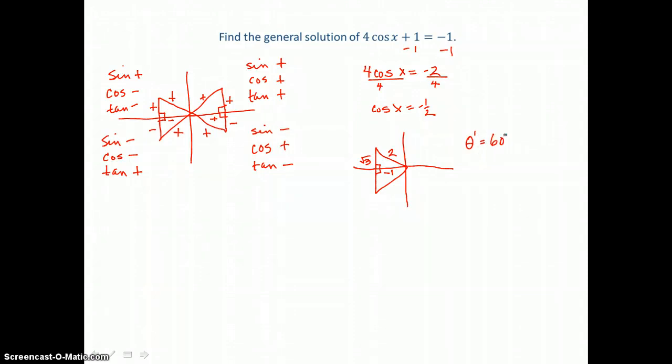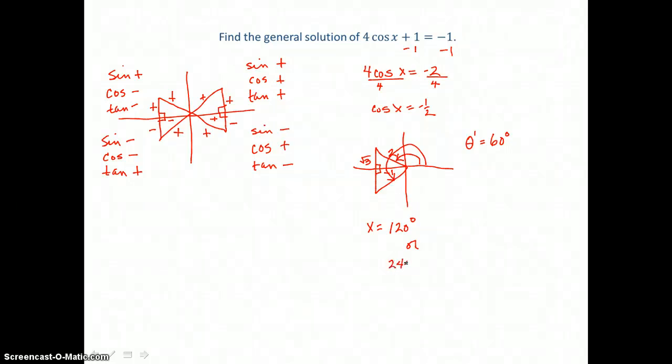So now I need to name that terminal side in the second quadrant, and I need to name that terminal side in the third quadrant to solve for x. So x is going to equal 180 degrees take away that reference angle of 60 degrees, so we're talking about a 120-degree angle, or x could equal 180 degrees plus that reference angle, plus 60 degrees, so 240 degrees.